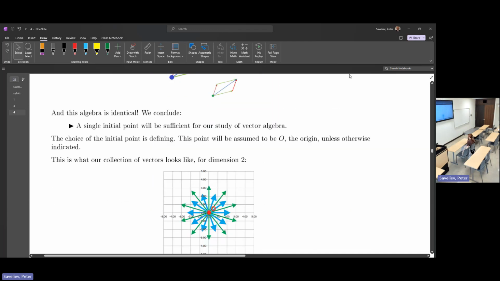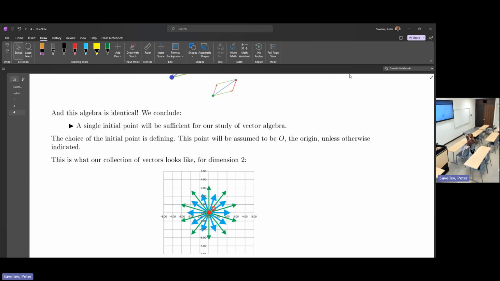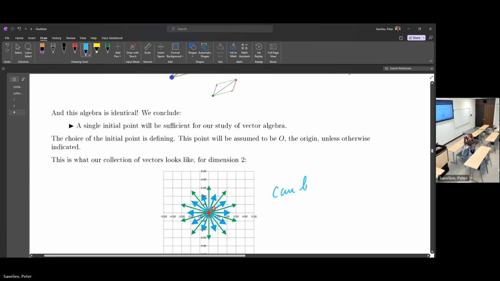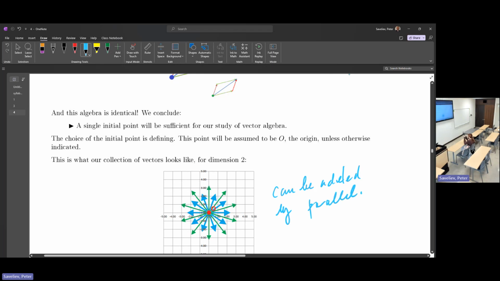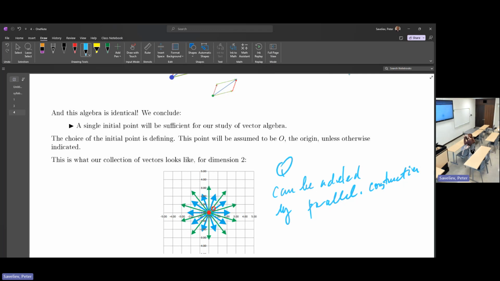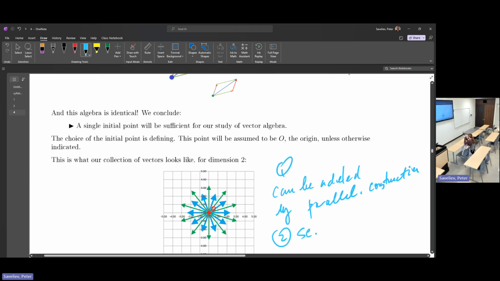Since we can do addition of vectors by using the parallelogram construction, we don't really need to be able to move them around as much. Okay, so any two vectors with the same origin can be added by the parallelogram construction to begin with. And number 2 is scalar multiplication too.